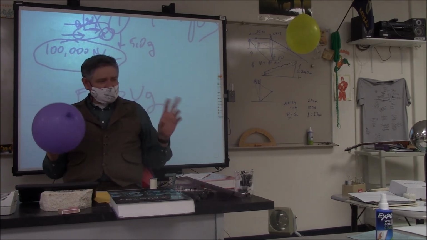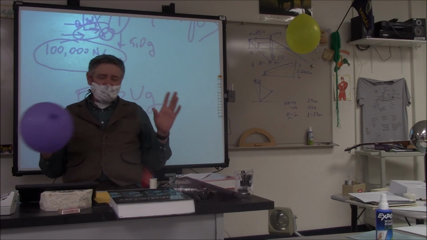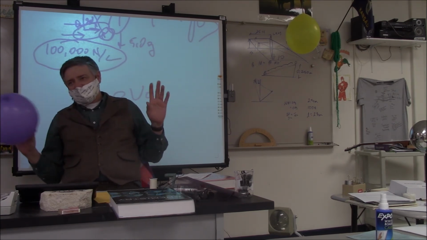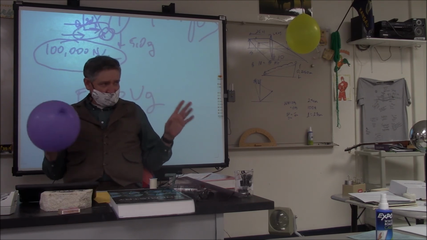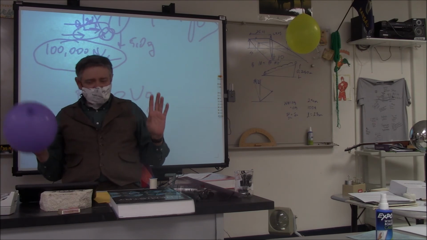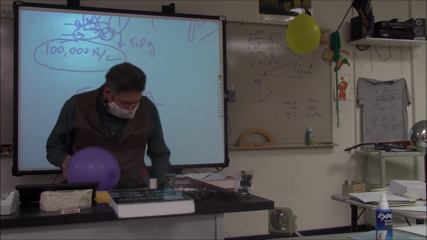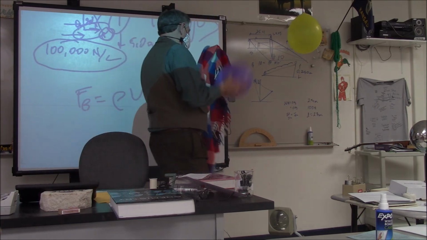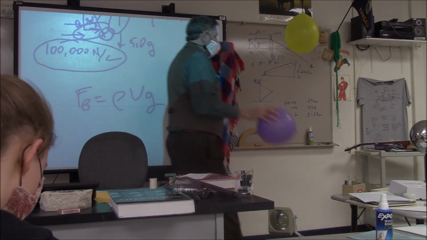Now the humidity is a little bit higher than I like, but there's not a lot I can do about humidity in the room. This works better if the air is really, really dry, but we've got the system coming in, so the humidity is a little higher than I like. But basically what's going to happen is that you're going to charge each balloon, okay?